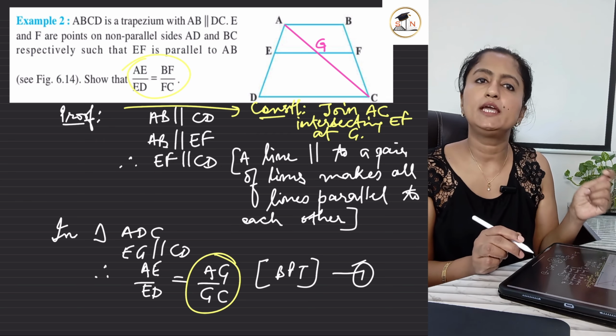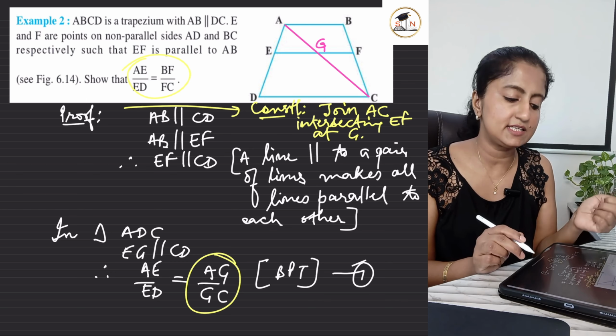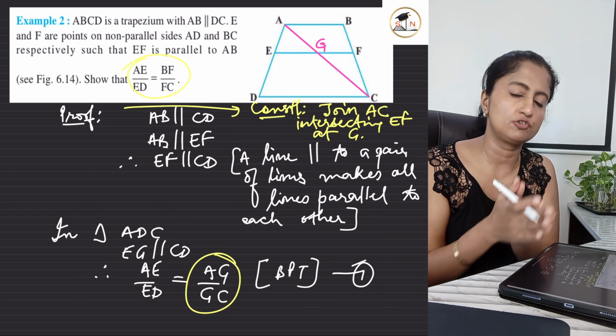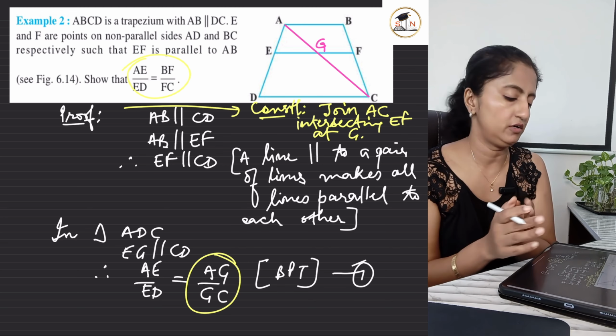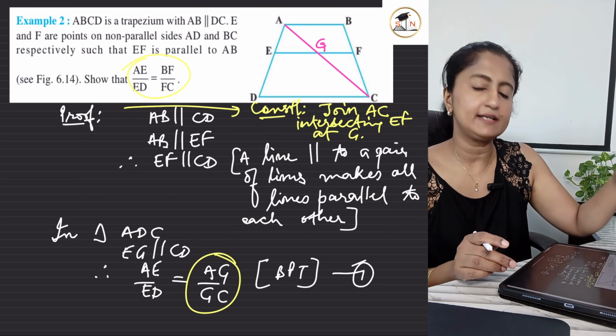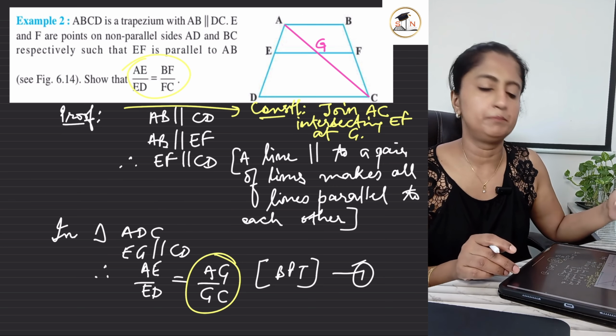But whenever we are doing any construction, it is 100% mandatory to write that in your solution as a part of your working. Now, I have written that. So first, we always write the construction and then we start with the proof.